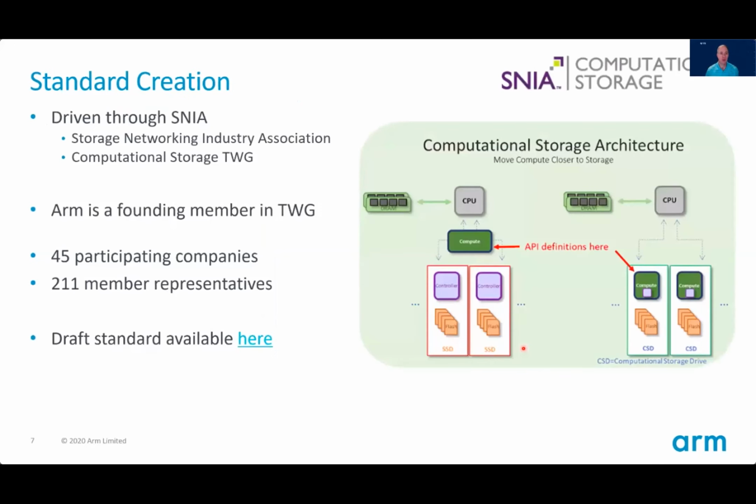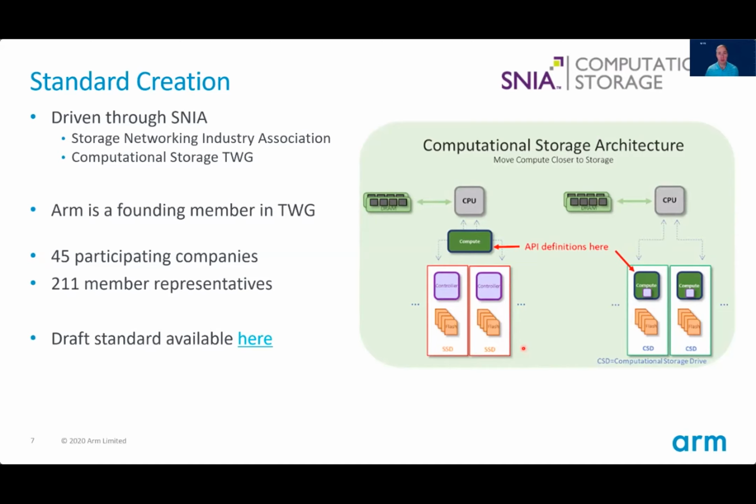The Storage Networking Industry Association Computational Storage Technical Working Group is working on a standard. This group was formed almost 2 years ago. ARM joined and helped found that organization. There are 45 participating companies today with about 211 representatives. There is a draft standard that's available publicly. You're welcome to go download it and take a look at what's been developed so far.